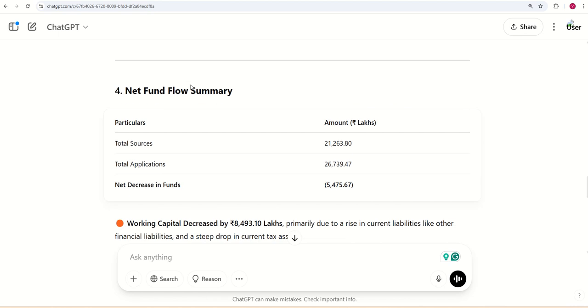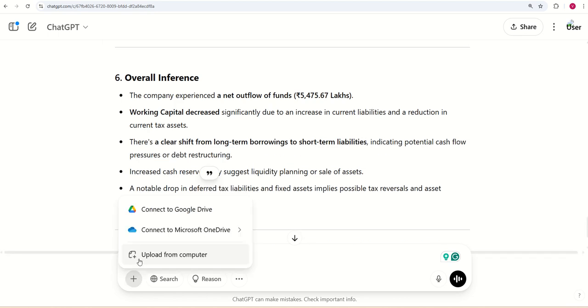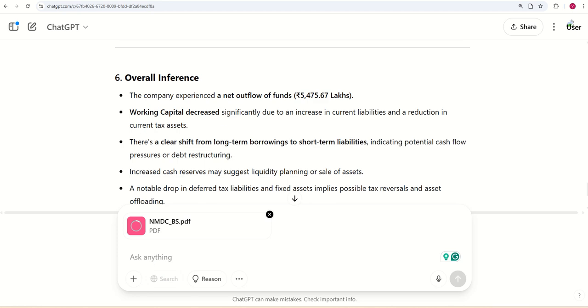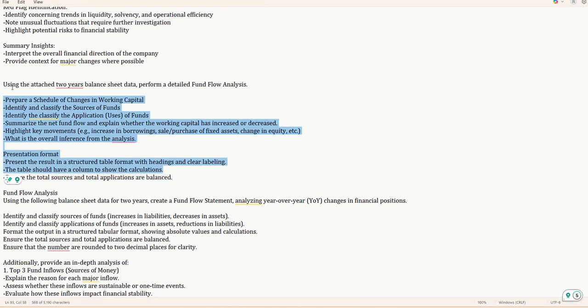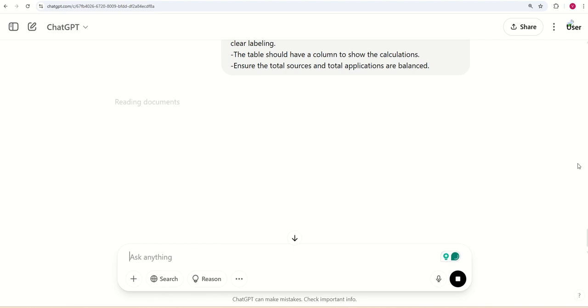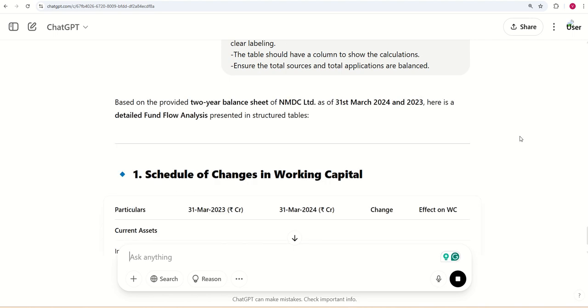So here we saw one example. Let us take another example as well. The NMDC balance sheet. I'm going to apply the same prompt and just see how the results stack up. Maybe if time permits, we can check one in Claude as well.